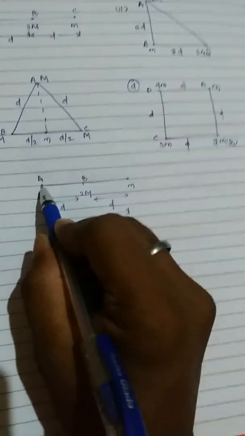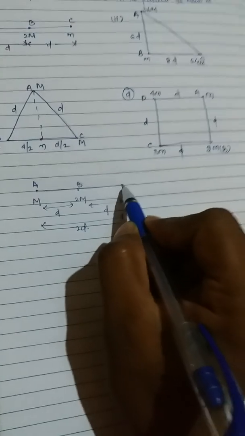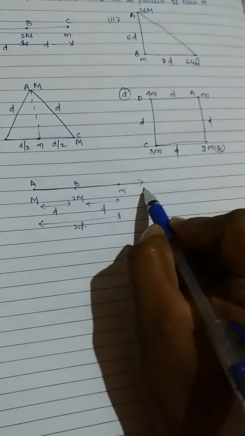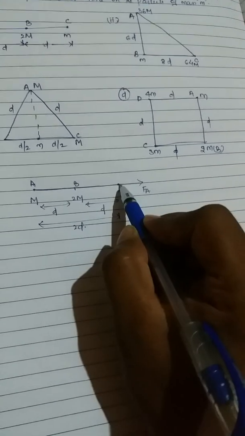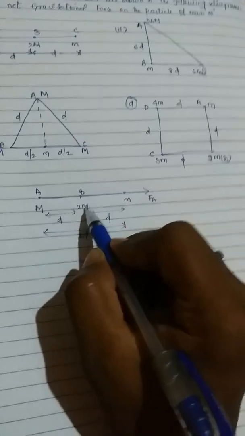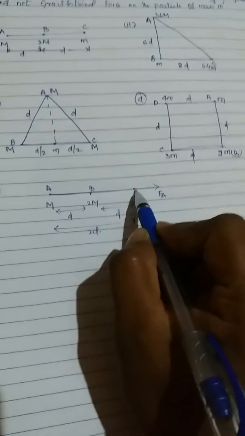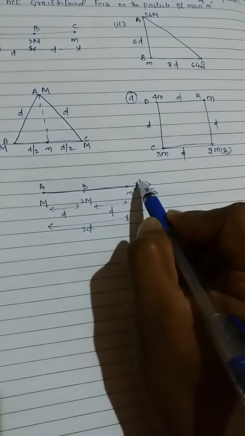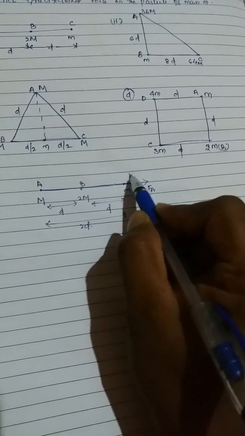Definitely this mass capital M will exert a force in this way. Let us say this is the force because of A on small m, so this is Fa. Similarly, the force because of the mass present at point B on small m will also go like this, and that we can call Fb.